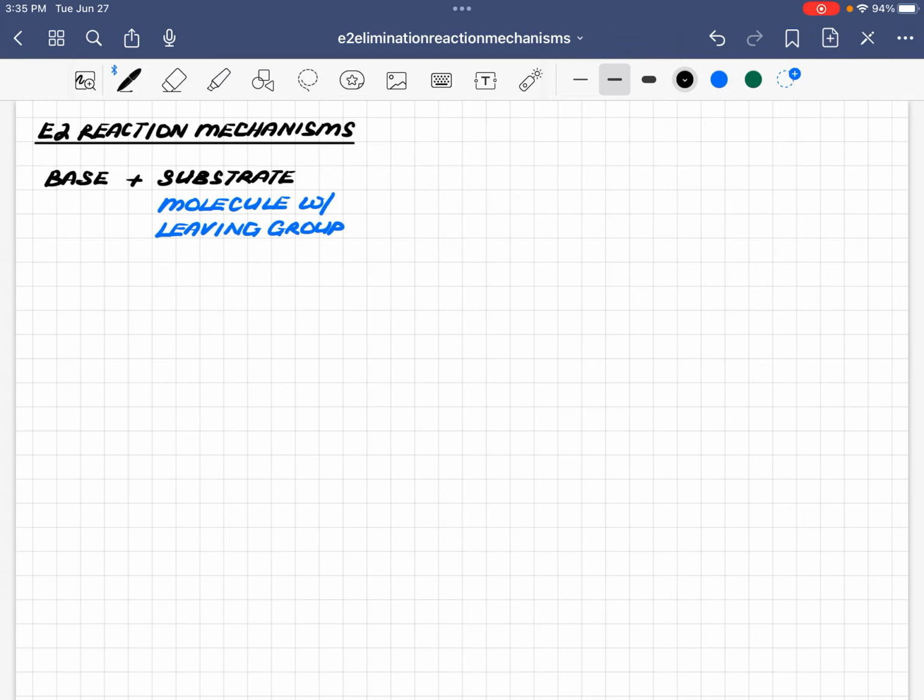So the substrate and the base will react, and an alkene product is formed. And an alkene is just a molecule with a double bond.